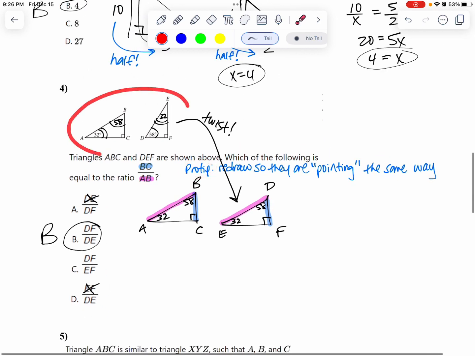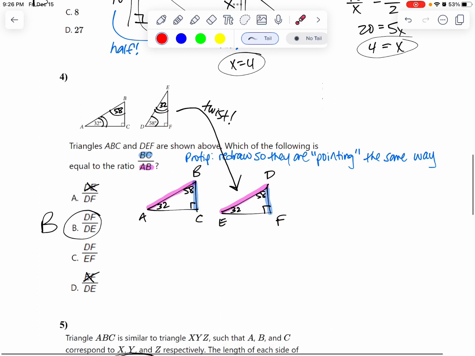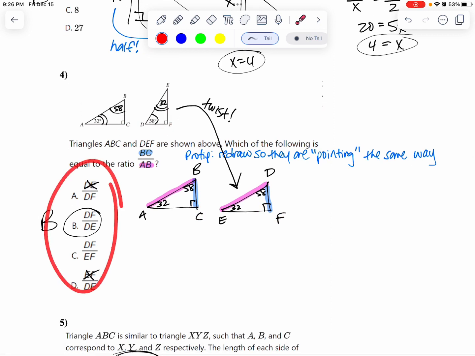If you can take this image and if you can copy this one directly, and if you can twist this guy so that it points the same direction that this one does, which means that put the E in the same location as the A, because those are both your 32-degree angles, and put the right angles in the same location, the C and the F, because those are the right angles, then it's going to be a little bit easier to answer a question like this, which is confusing because all of these answers look the same.